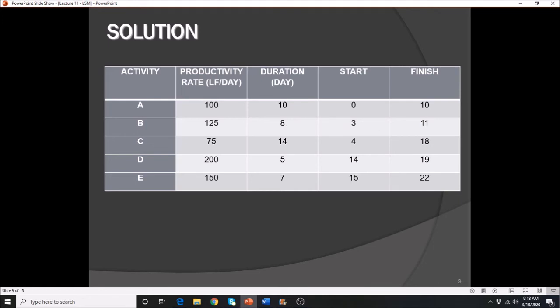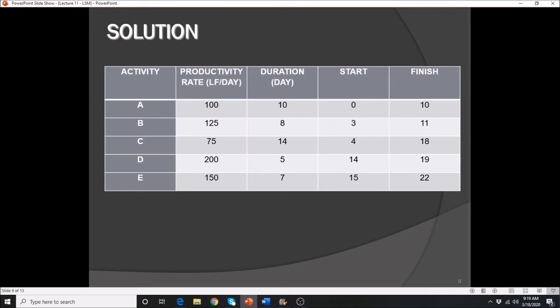So again, we are supposed to start on the second day. Where do we get that second day? Because the buffer time, 10 minus 8, is 2. 0 plus 2, that's the buffer time, so we should start on the second day. However, if we start on the second day, activity B plus its duration will end on the 10th day, which will intersect activity A. The problem tells us that we need to avoid an intersection.